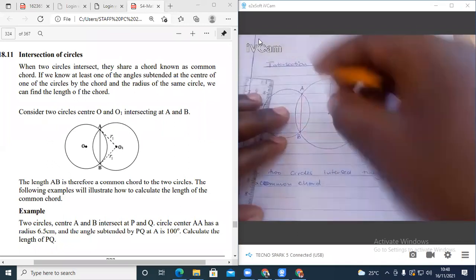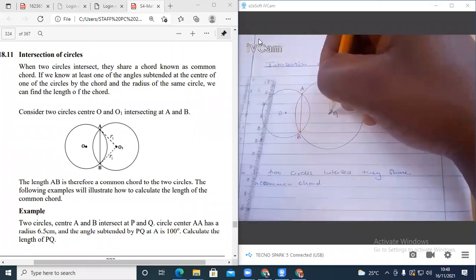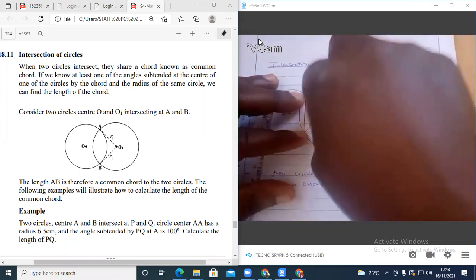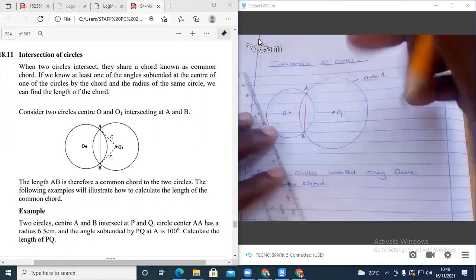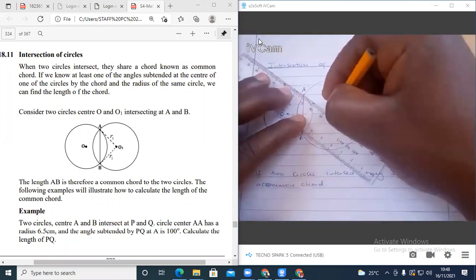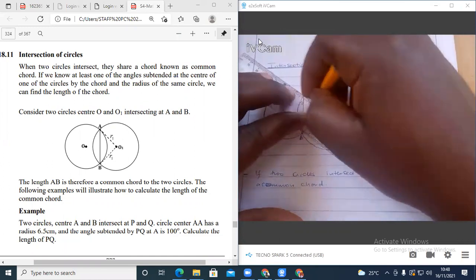So it means that if I draw a line from here up to here, that line will also be a radius. So let me rub off this first radius I drew, and let me draw a radius from A to meet at the center O. So this line I'm drawing is also a radius, like that.